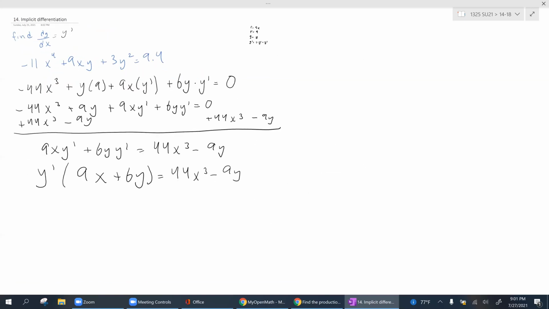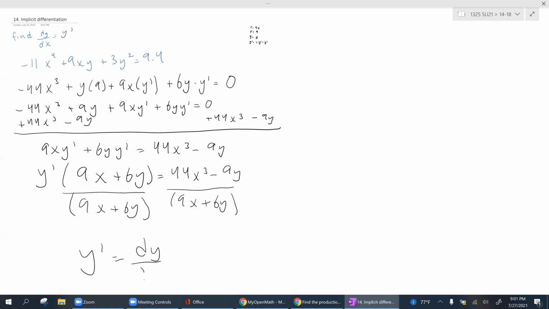And last but not least, you're going to divide both sides by 9x plus 6y, that entire piece. Meaning y prime, or dy dx, is equal to 44x cubed minus 9y all over 9x plus 6y. So that right there would be my final answer.